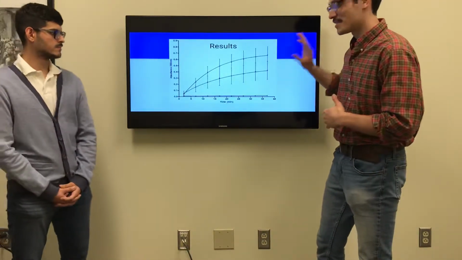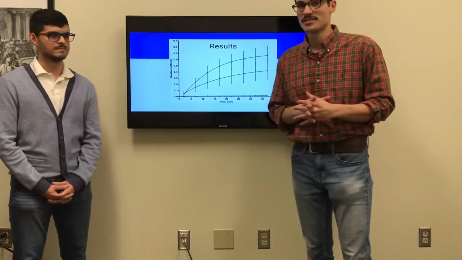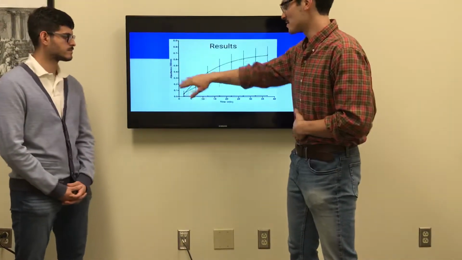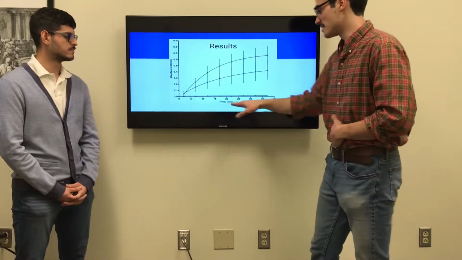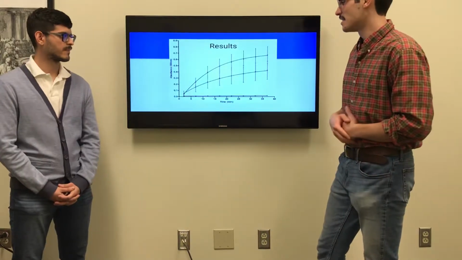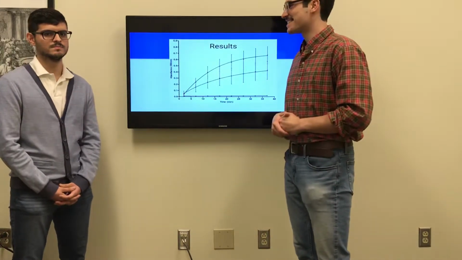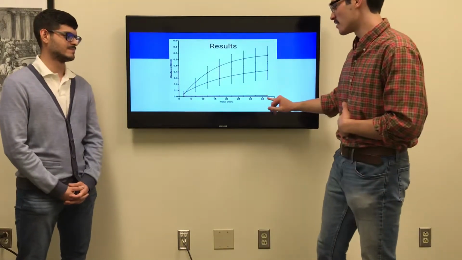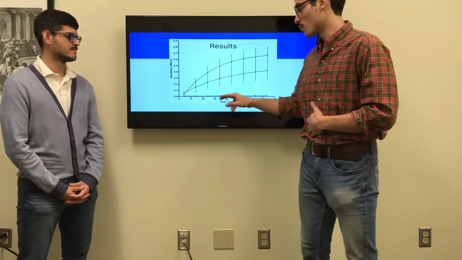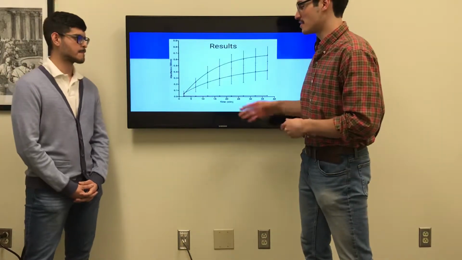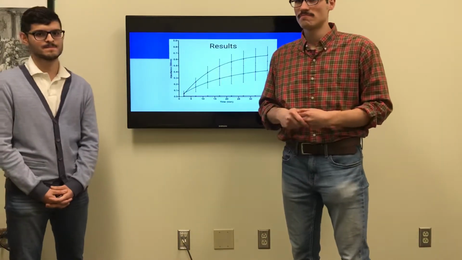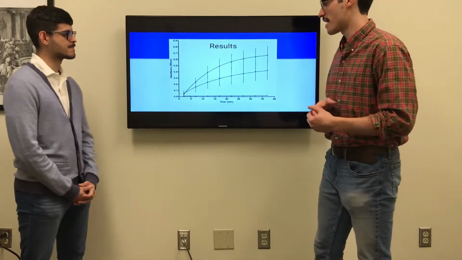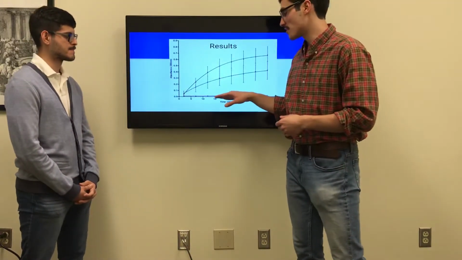This is the first graph that they showed. Over here we have absorbance, and time is our x-axis. This line down here represents orlistat, and as you can see, there was almost 100% inhibition of pancreatic lipase when orlistat was present.